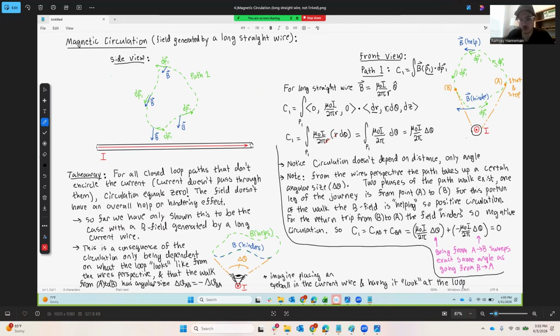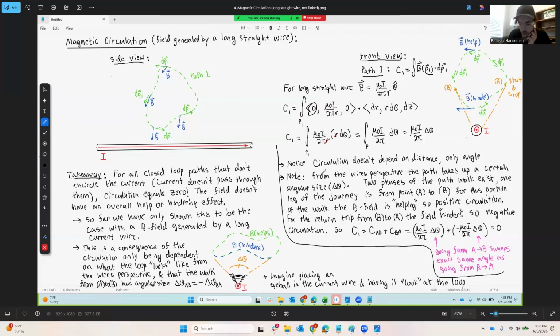Every step we make in this coordinate system can have a radial displacement dr. It can have an angular displacement r d theta, and it can have a z displacement dz. Now with the dot product, you get the 0 paired with the dr, so dr goes away. You get the 0 paired with dz, so dz also goes away. And so the only thing that lives is this theta magnetic field times the theta displacement.